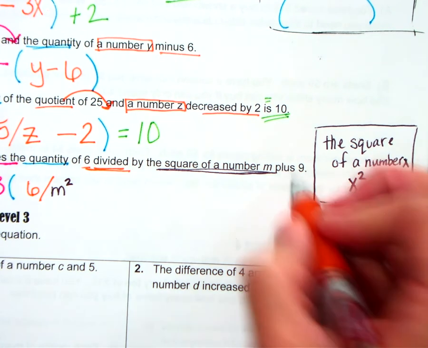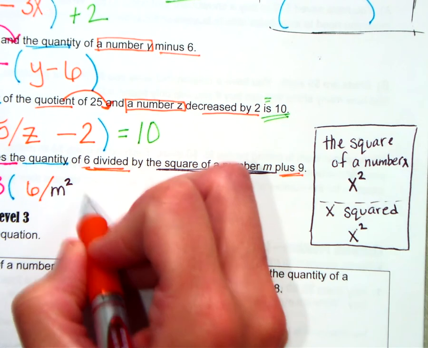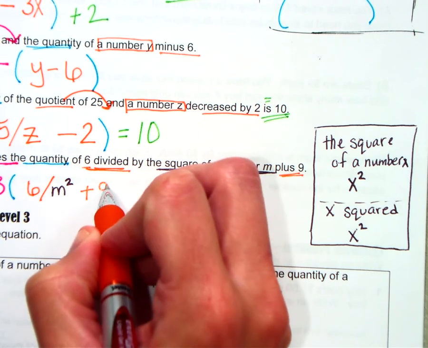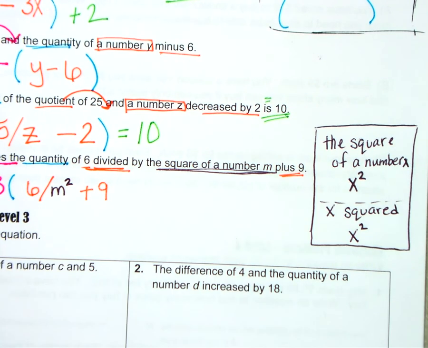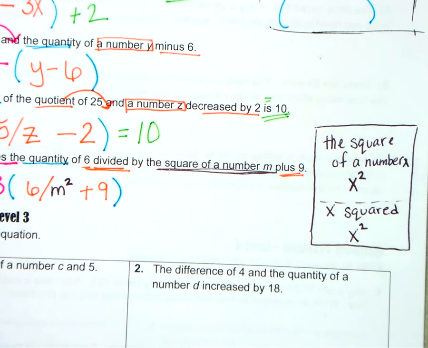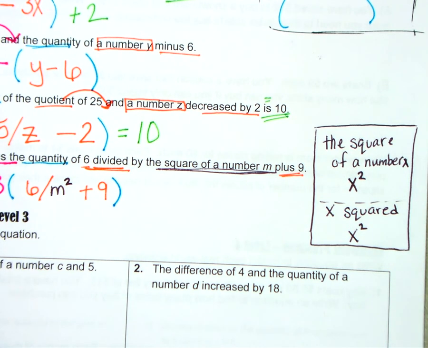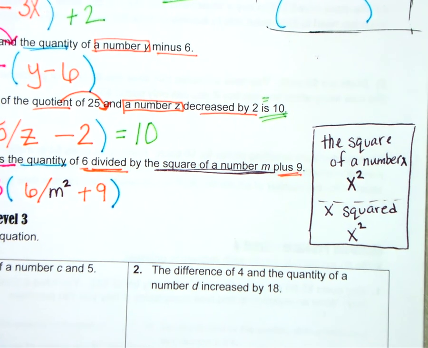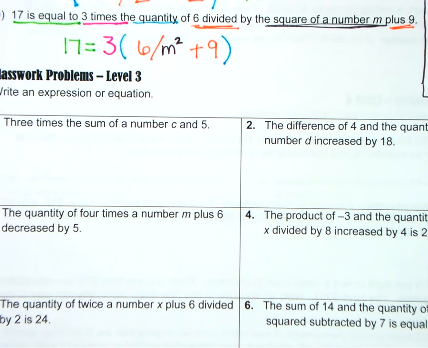Finish it off here with plus 9. And close up that parenthesis. Okay. So we're going to go ahead and move forward and practice at the bottom of page 5, and then we'll go over some to see how you did.